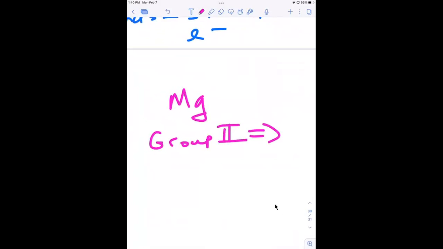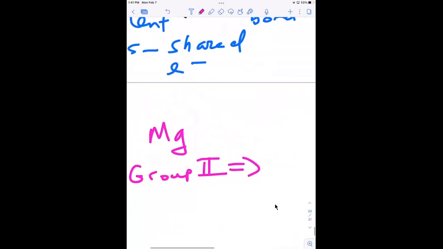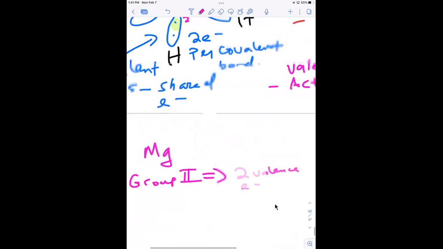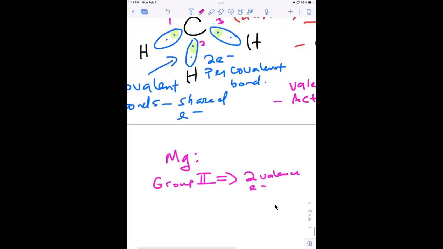What that means is, the group number is synonymous with the number of valence electrons. So magnesium has 2 valence electrons. If I have magnesium and I wanted to draw a simple depiction of it, I could draw it like this, in a really rudimentary fashion.